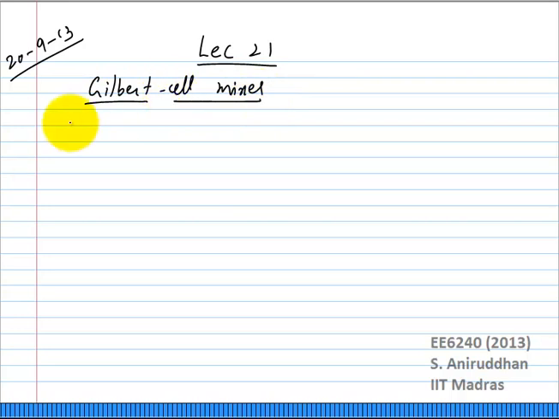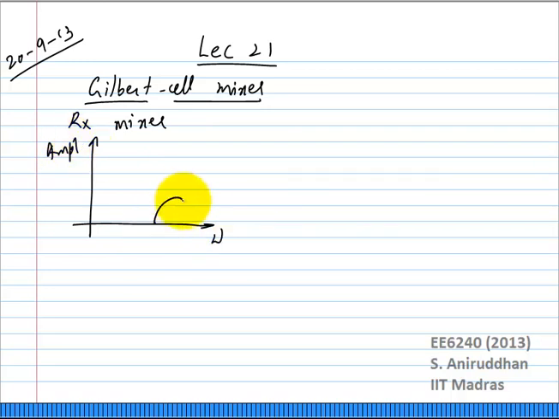So, for example, if you have an RX mixer and let us say your signal was at omega RS, okay, and this is your amplitude.